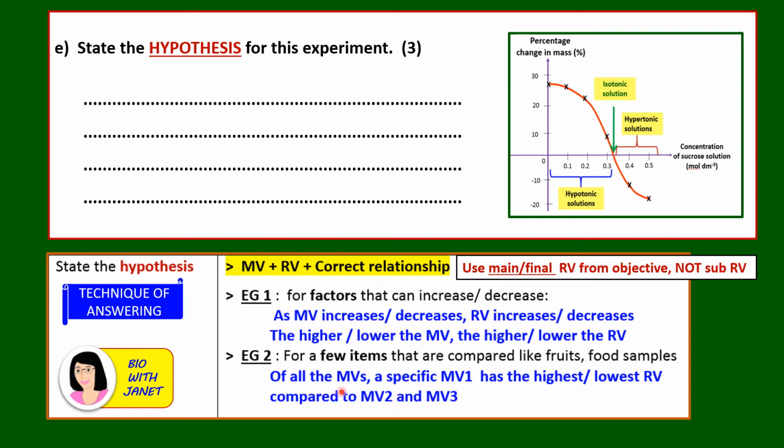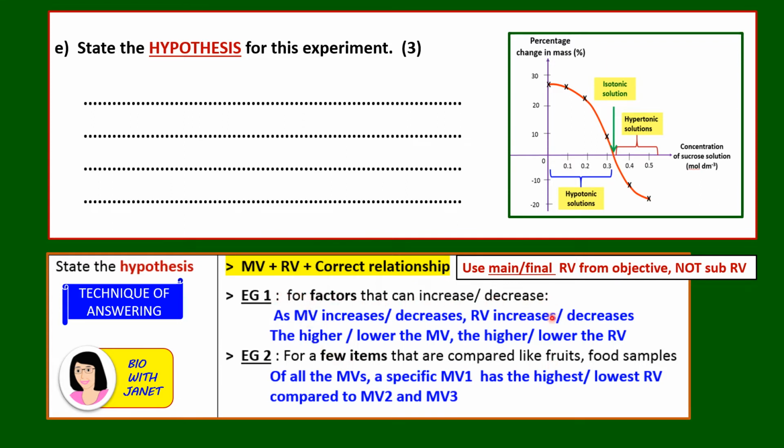For example, of all the food samples, groundnut has the highest energy value, which is your RV, compared to fish, dried fish and biscuit. We'll discuss more of this format later on, when we discuss the experiment involving vitamin C concentration. So let's go back to this one, format 1.